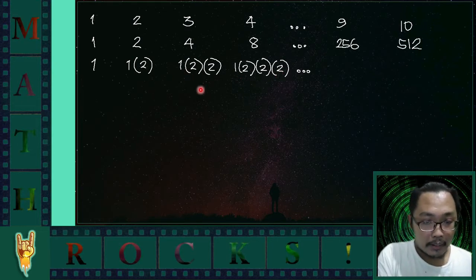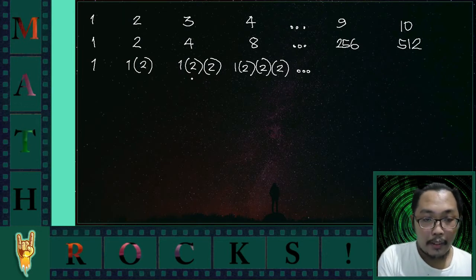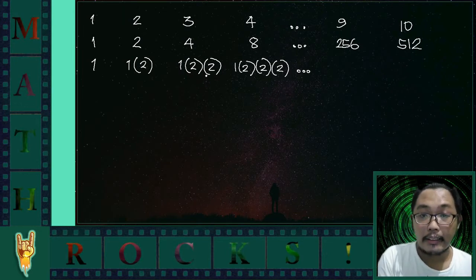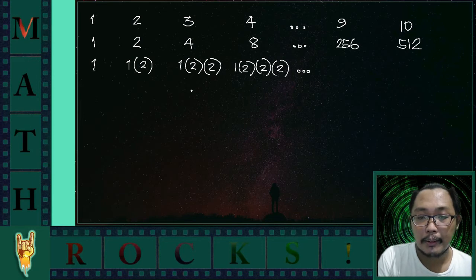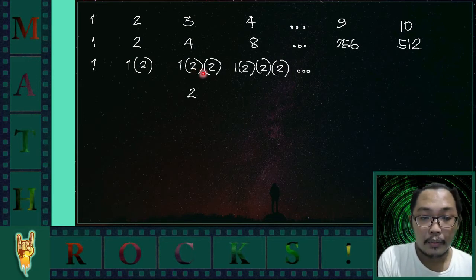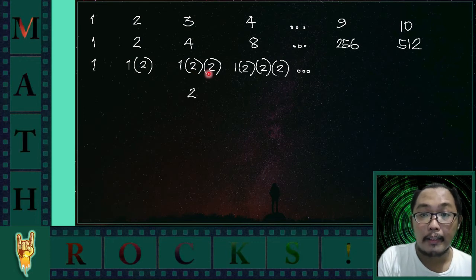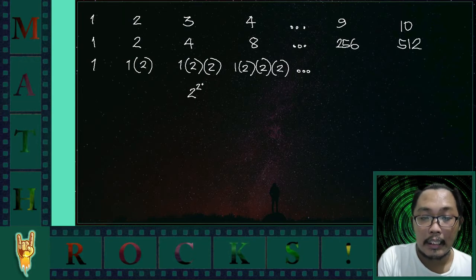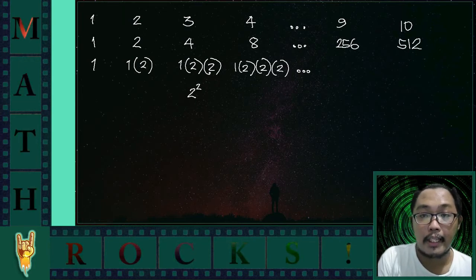So let us concentrate on this one first. We can write this in terms of an exponential expression by writing the base, which means those same numbers being repeated in the multiplication process, while the exponent tells us the number of those same multiplicands.